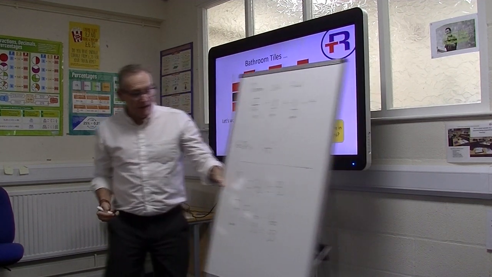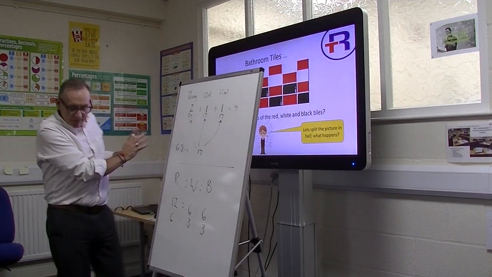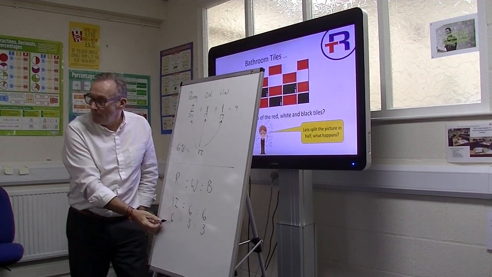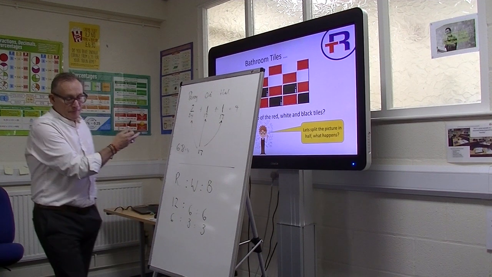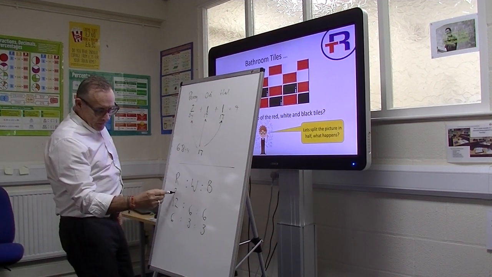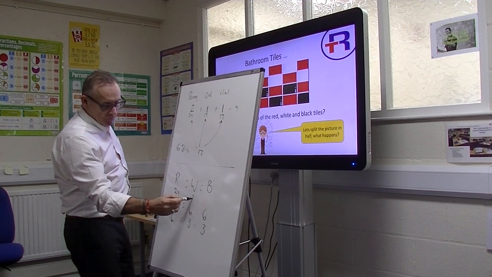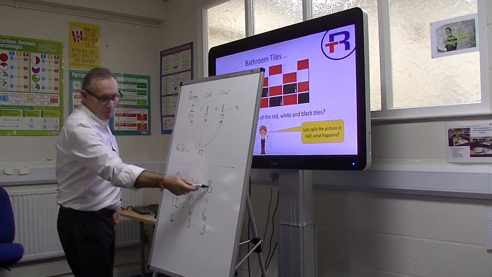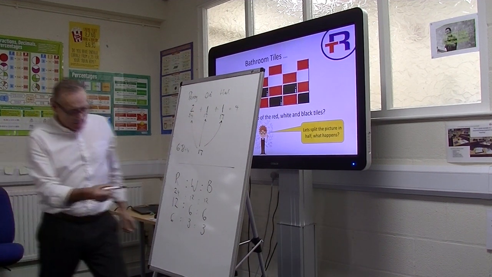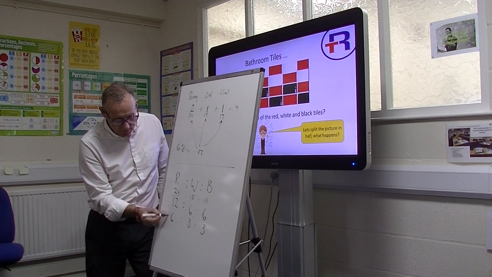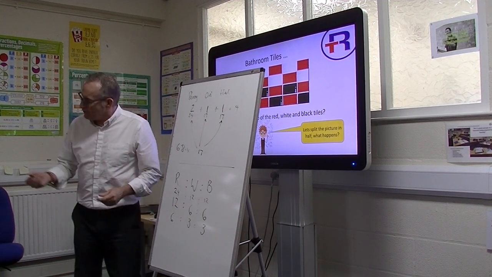We've kept it in the same ratio, it's still exactly the same ratio, however, we've made the numbers a bit smaller. If that was a full bathroom, or if we was doing more tiling, if we made them bigger, we'd have 24 to 12 to 12, 48 to 24 to 24, and so on and so forth. It's exactly the same ratio, it's just that it's getting smaller, like with simplified fractions.